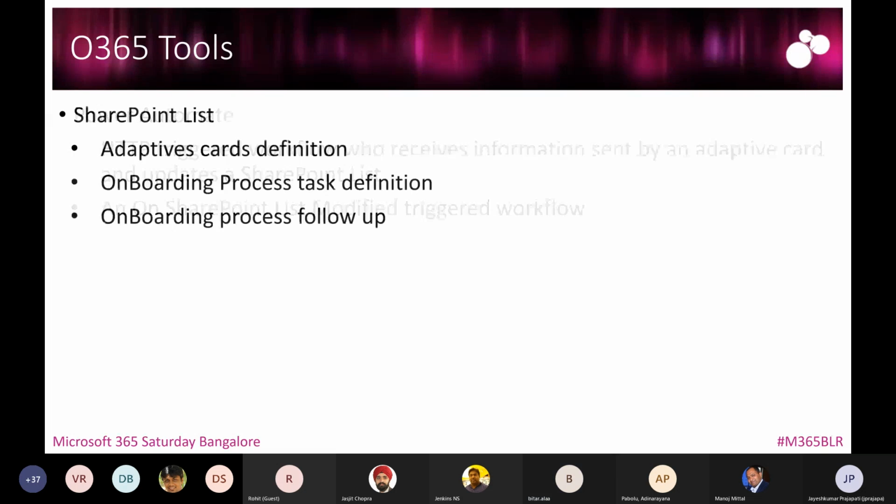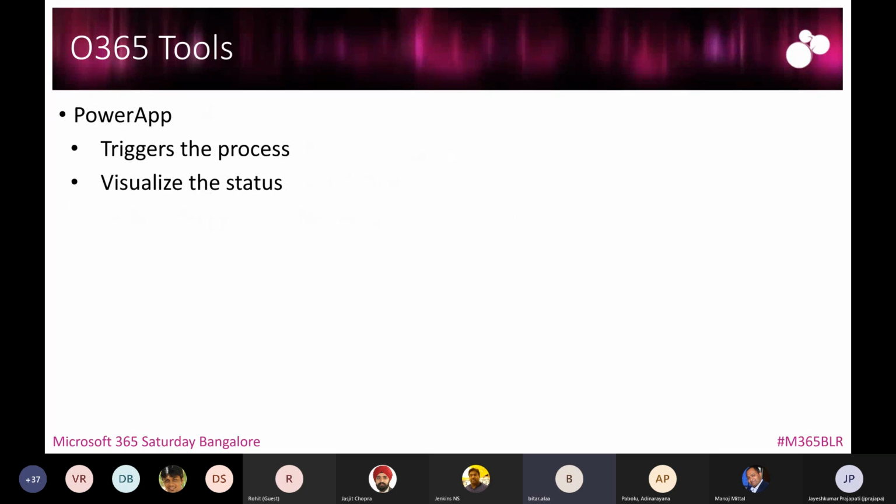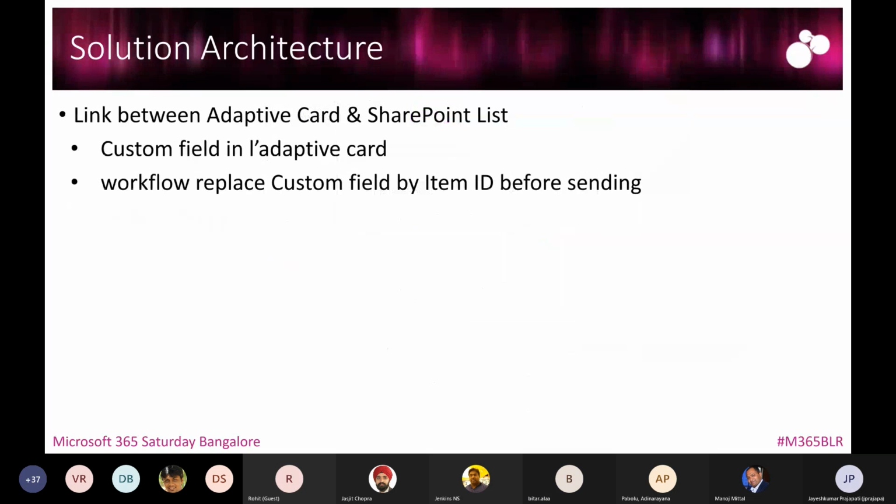But what if we inject a custom tag in this adaptive card that we will replace before sending the adaptive card?